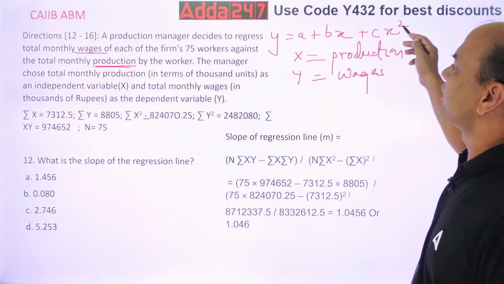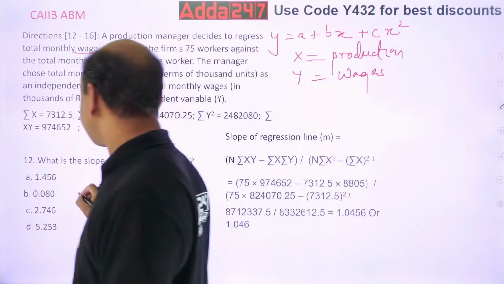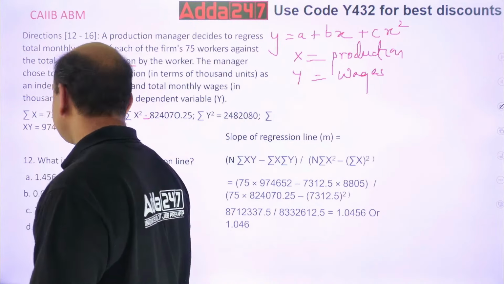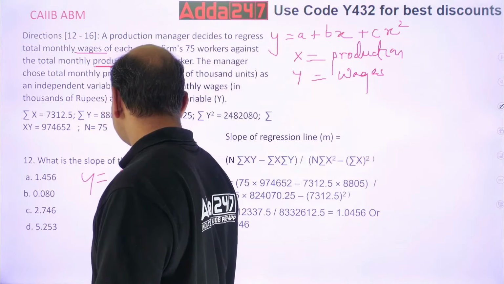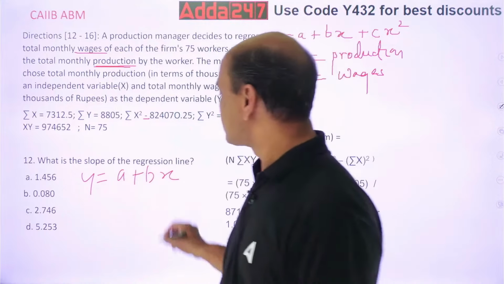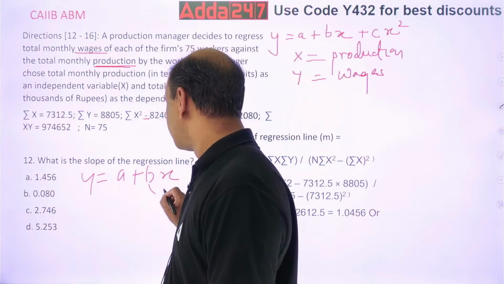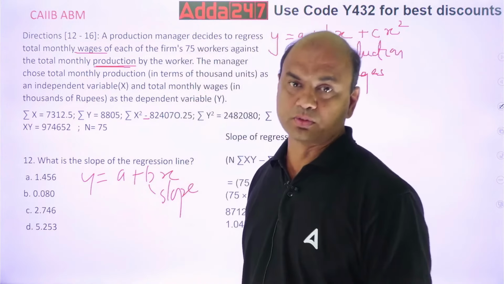Plus cx square would be a parabolic one, but you can write the line like this. If it's a straight line, it's always a single degree equation: a plus bx. Okay, b is called the slope.